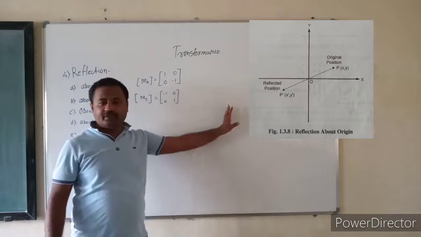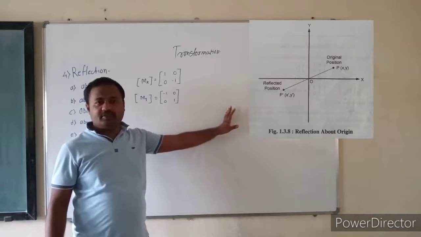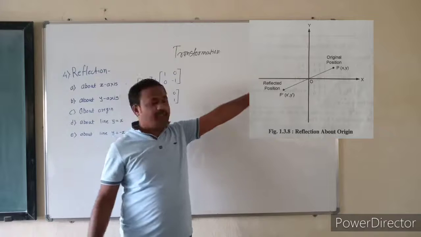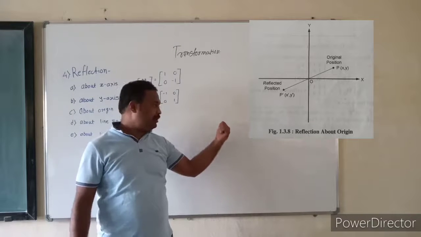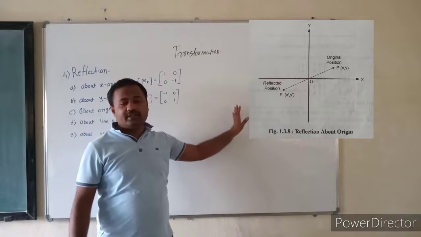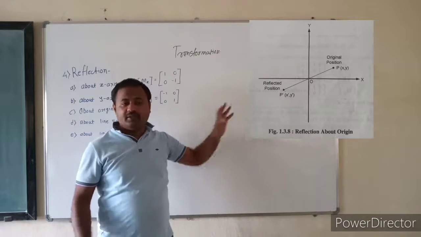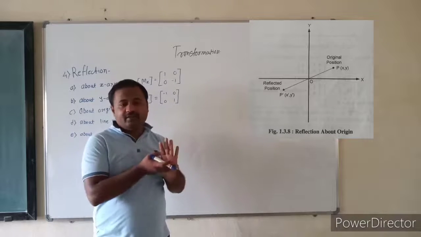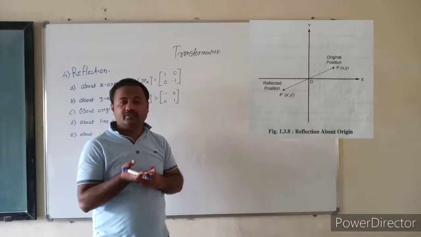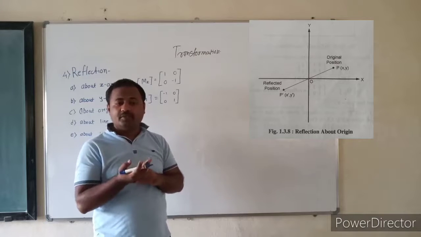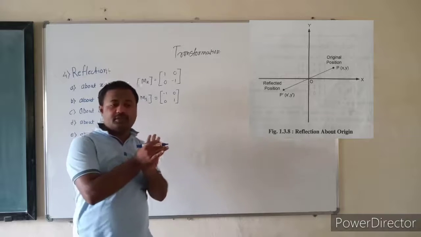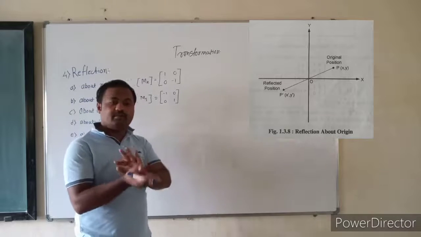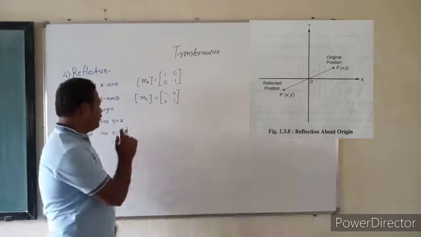Third part is reflection about the origin. In the diagram, we see reflection about the origin. Point P x y is reflected about the origin and we get the point P dash. Then x and y both are negative. In case of reflection about the origin, x and y both are negative.